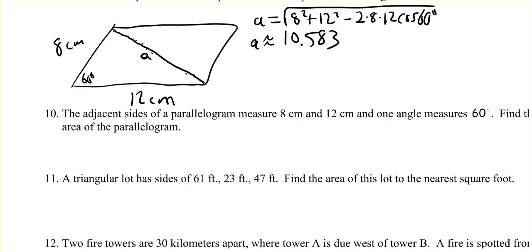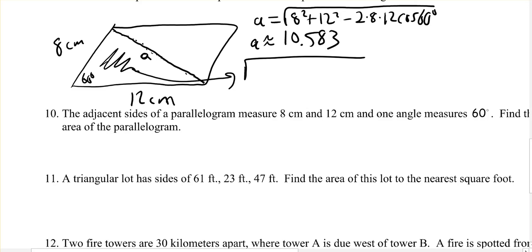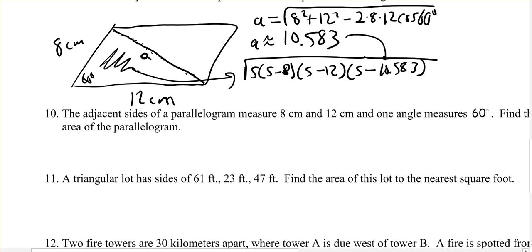Then you could say, all right, well now for this triangle, I know all 3 side lengths, and also new in this section, we talked about how to find the area when you know all 3 side lengths. That's Heron's formula. So the area is the square root of S times S minus A times S minus B times S minus C, or whatever you want to call them, the 3 lengths, where S is the semi-perimeter.